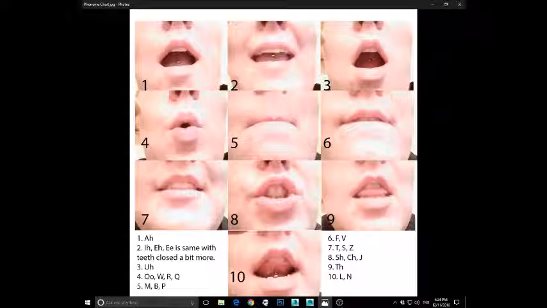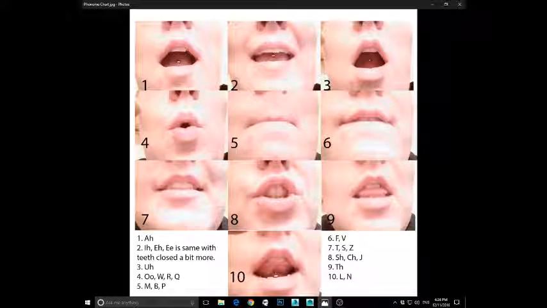7 is T, S, and Z. If you're practicing these mouth shapes with me, you can feel that there's really not much of a difference when you say T, S, and Z. Same thing with all of these. There's really not much difference to each.